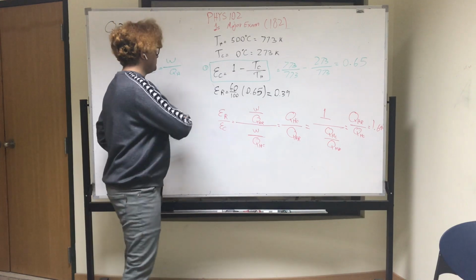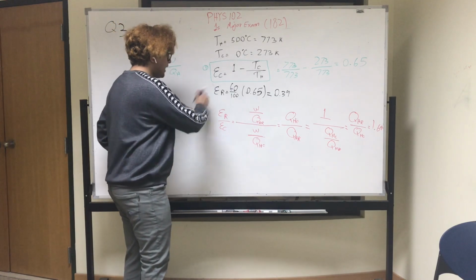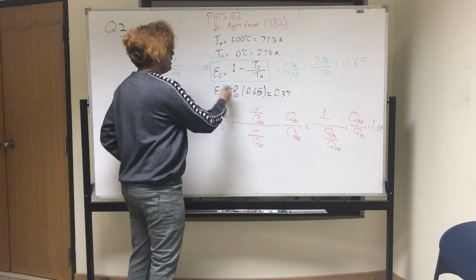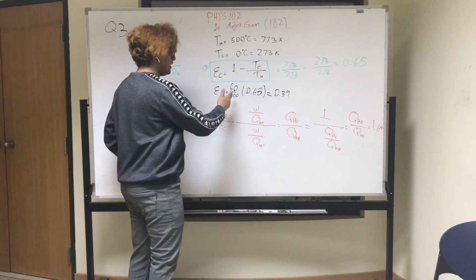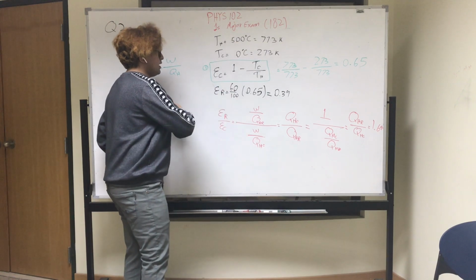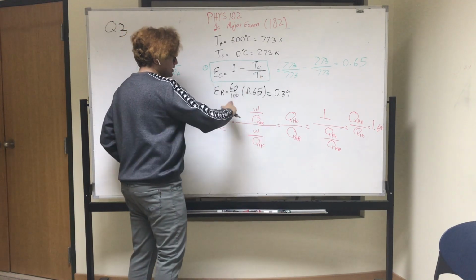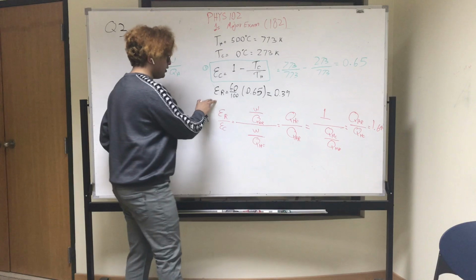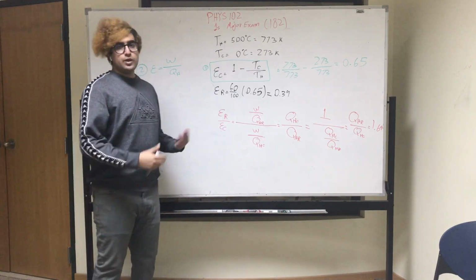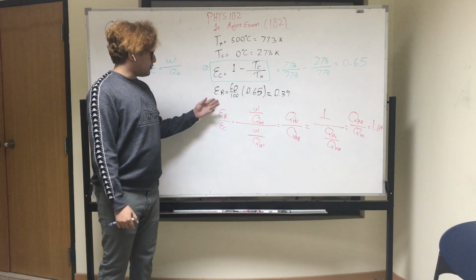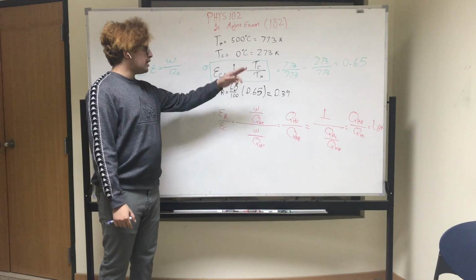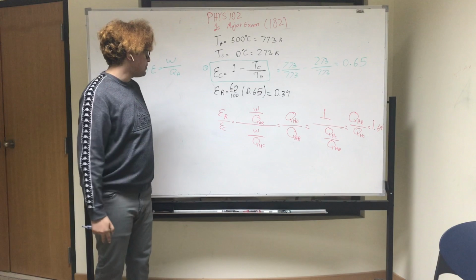All right, so once we have that, we can multiply the value of this Carnot engine efficiency by 60 over 100. If you multiply this value by 60 over 100, you will get the efficiency of the real engine. Why do we get that? Because it says in the question that the efficiency of the real engine is just 60% of the efficiency of the Carnot engine.